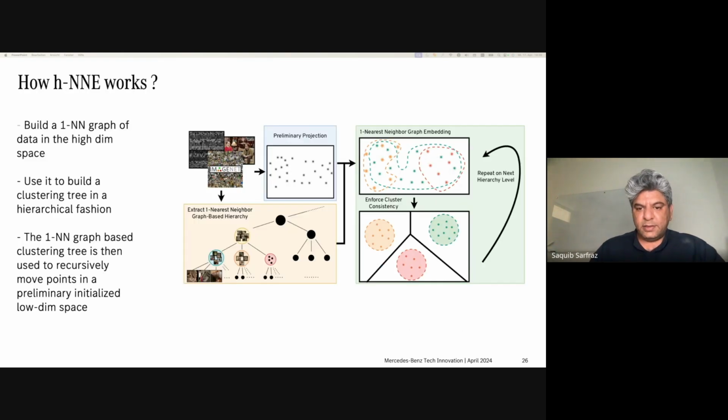Now, so far we just built the clustering tree, right? This hierarchical tree, basically the Finch. But the next step, which is also the central part of this algorithm, is to move these points now into a low dim space such that they follow this tree in a way that the original one nearest neighbor relationships are preserved over all levels.